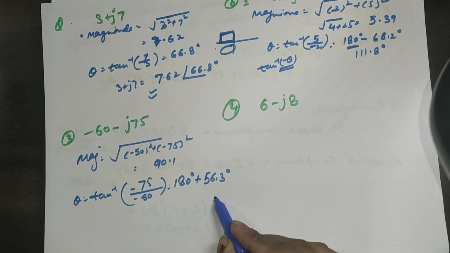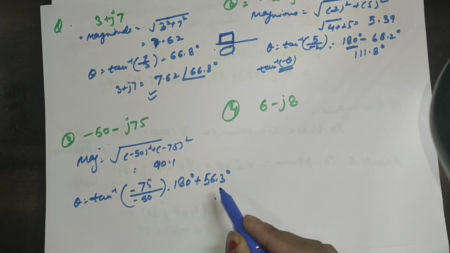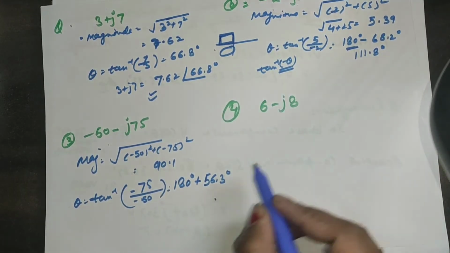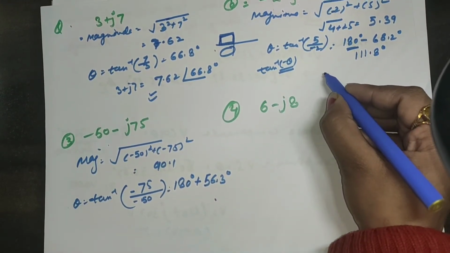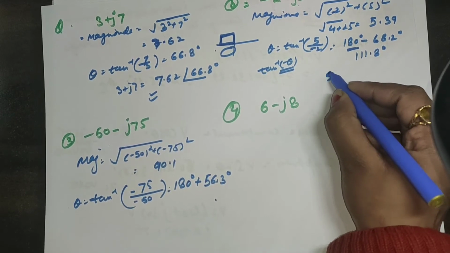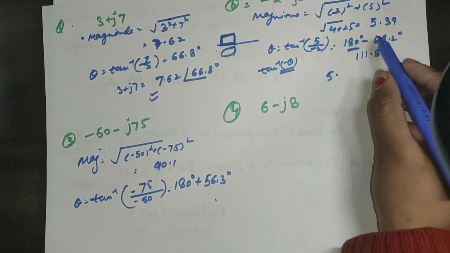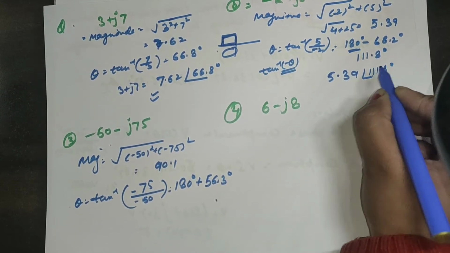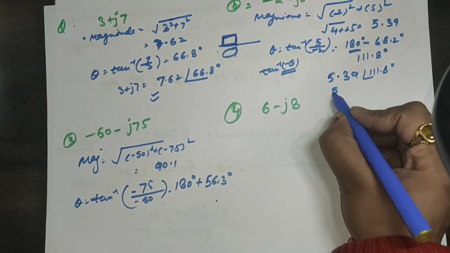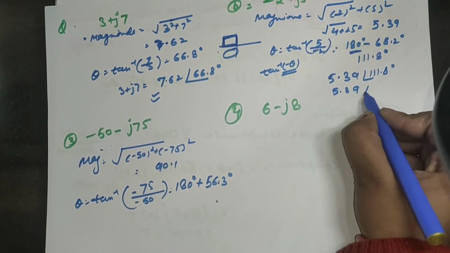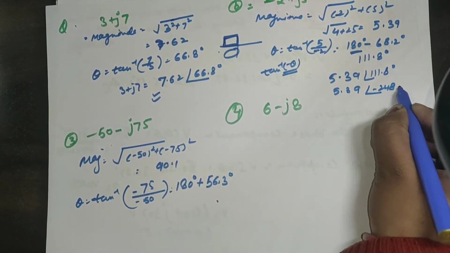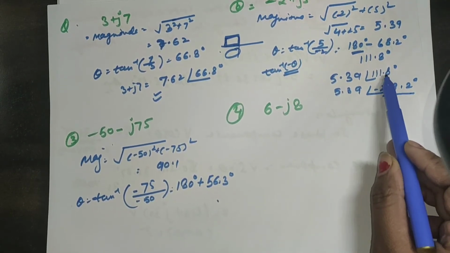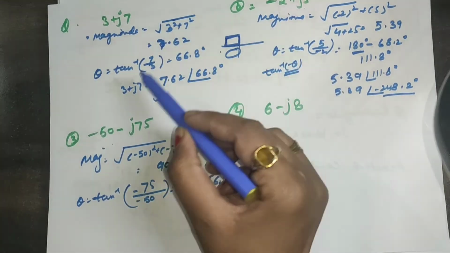it is in the third quadrant, and if theta is measured in the clockwise direction, its value can also be taken as 111.8 degree, or we can also write 5.39 minus 248.2 degree, because if we take it in the clockwise direction, we will take 180 degree minus.